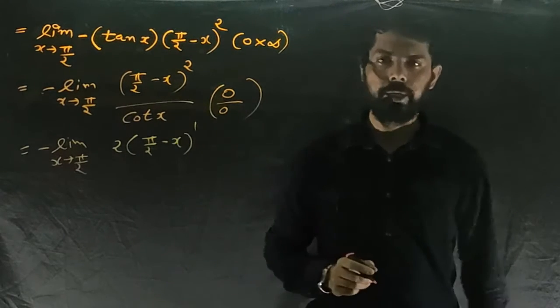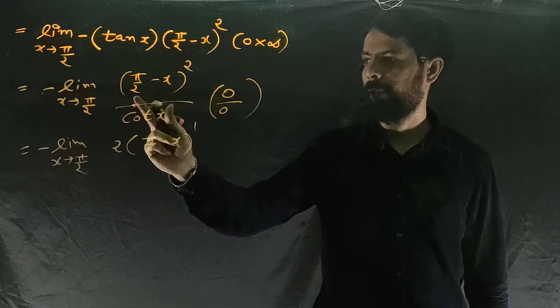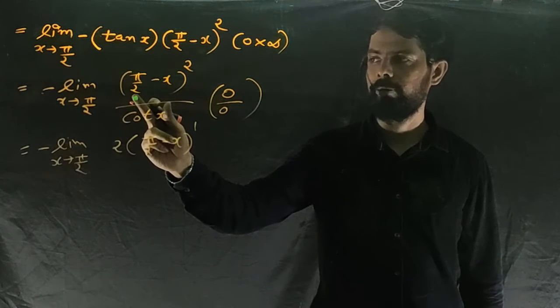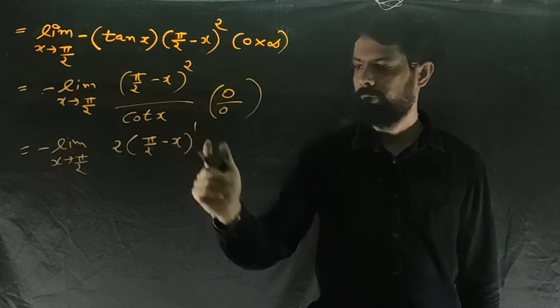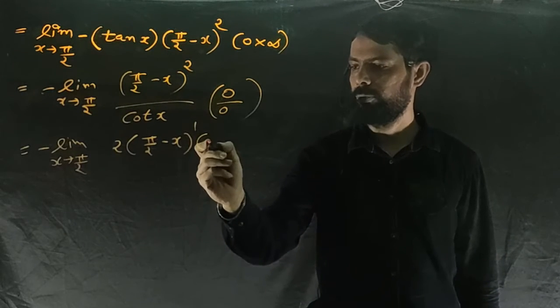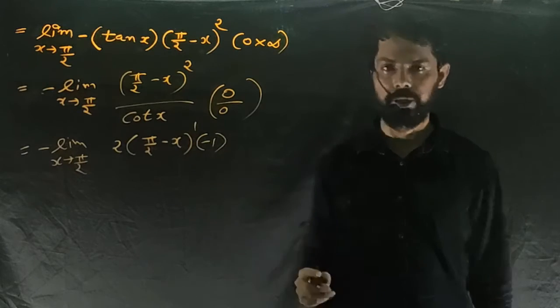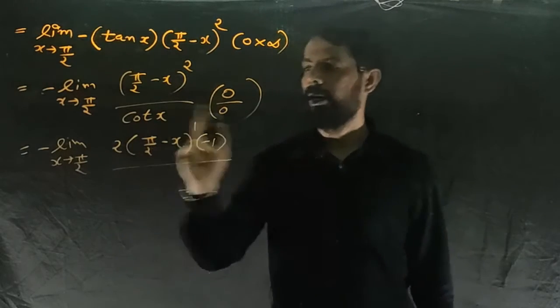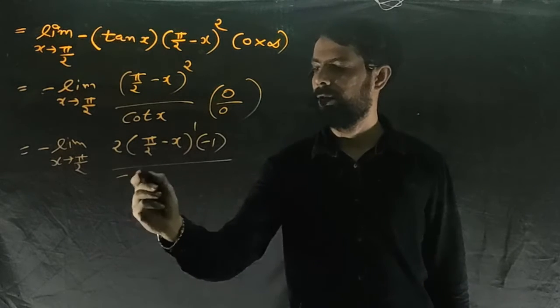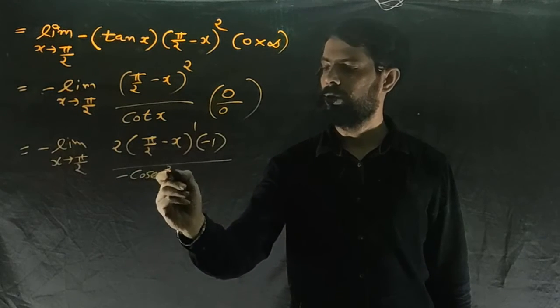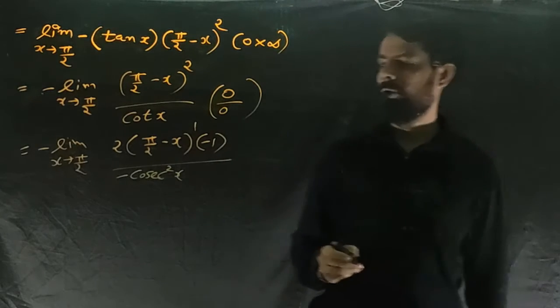Then we will have to take the derivative of the bracket. Here pi by 2 is a constant, so the derivative of pi by 2 will be 0, and the derivative of x will be 1. So here we will write 0 minus 1, that is minus 1, whole divided by the derivative of cot x. Now the derivative of cot x is minus cosec square x. Okay.